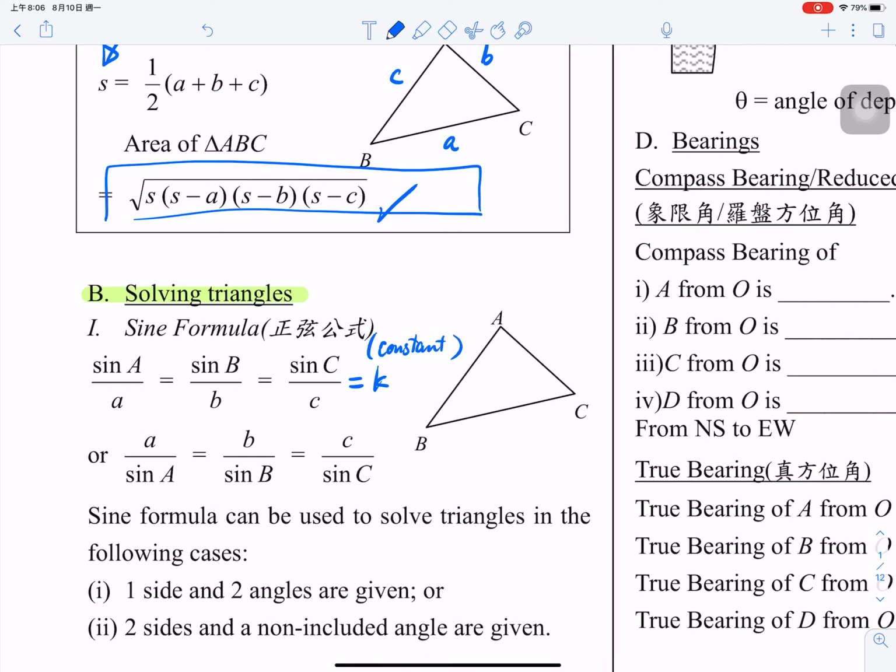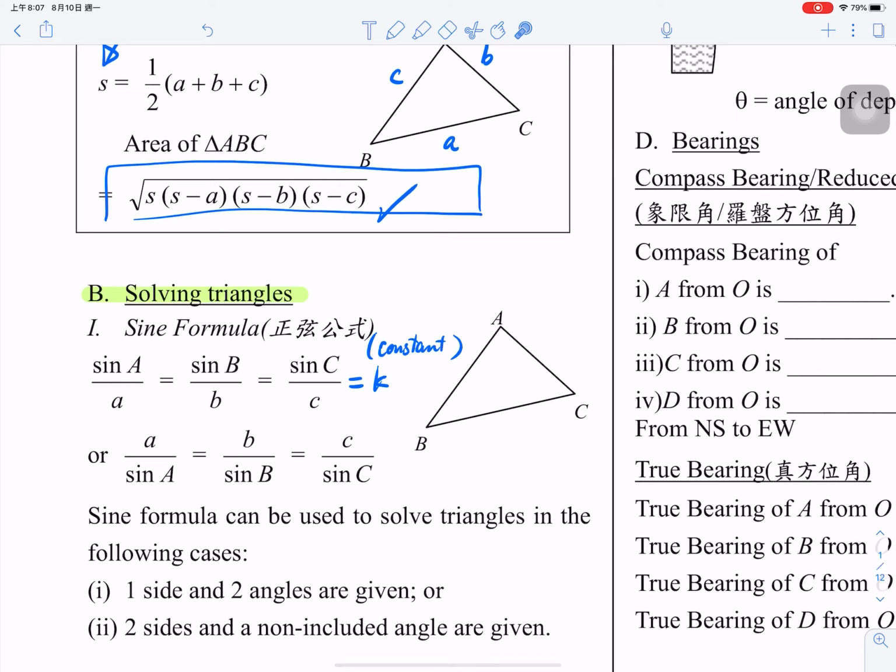You can write it as sine A over side a, sine B over side b, sine C over side c, or the reciprocal. Anyone can be used. But remember, if you write the sine as the numerator, then the sides a, b, and c go in the denominator.